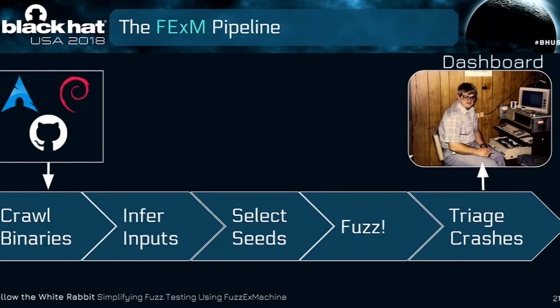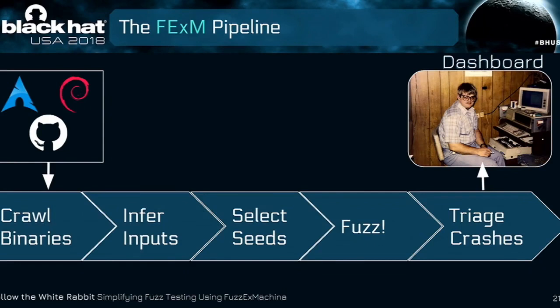So here's how FuzzExM automates this pipeline. The only thing you need to provide is a package source, which can be either a BYOB configuration like Bhagava showed you, or it could be a package repository that you want to fuzz. So say you want to scale up, then you could tell FuzzExM to download packages from Pacman, say.